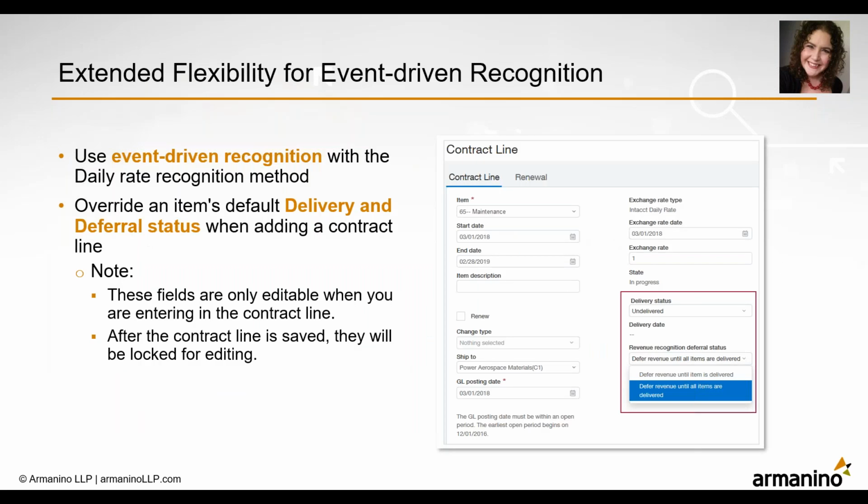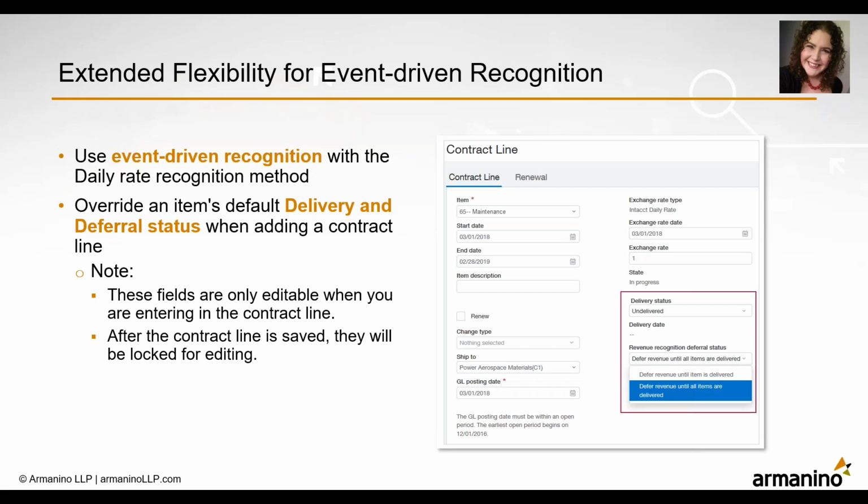Extended flexibility for event-driven recognition. So this is when you have an event that's going to trigger when you recognize your revenue. You now have the ability, when you're using a daily rate recognition method, to override the item's default delivery and deferral status when adding a contract line.